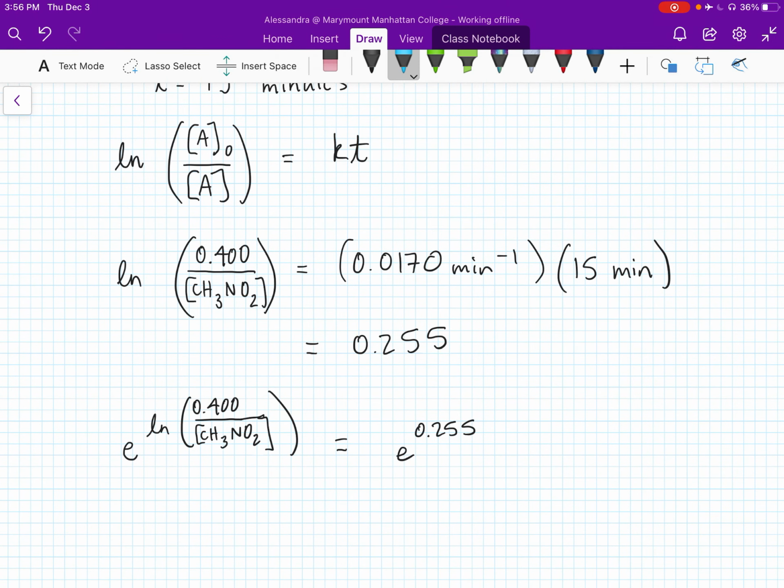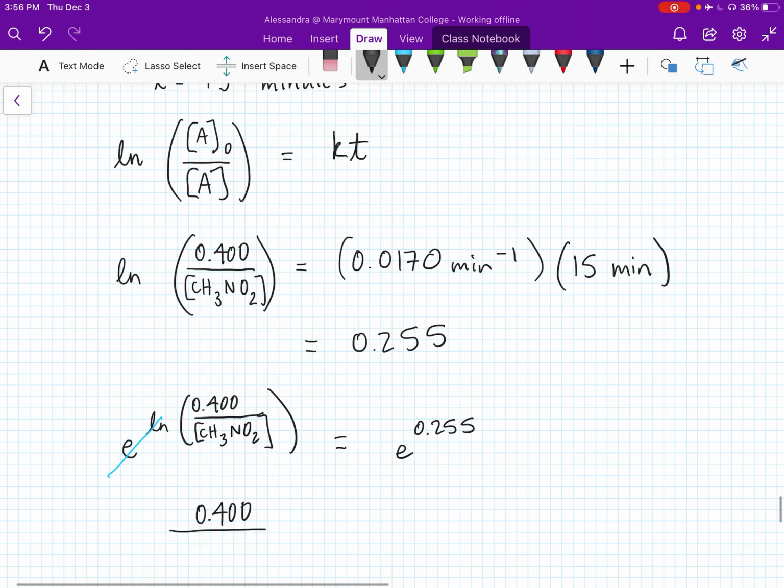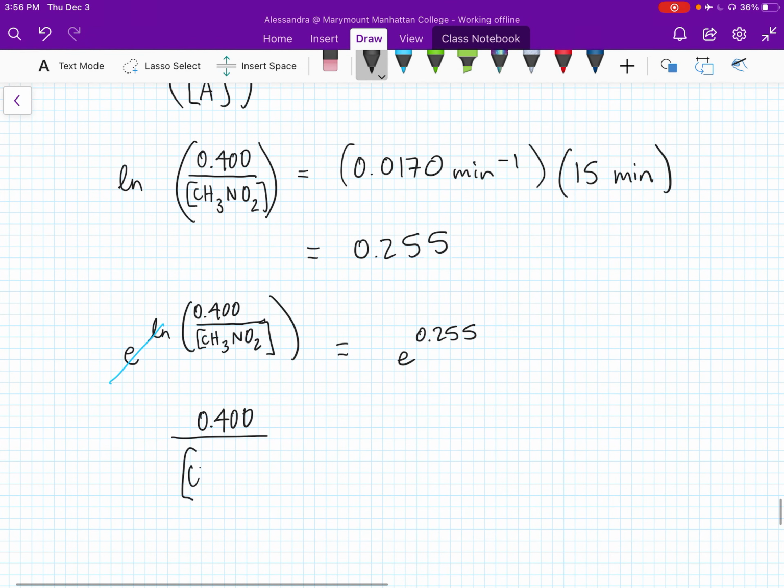Now, the e and the natural log cancel, so this simplifies to 0.400 over the concentration of the reactant CH3NO2. If I plug e to the 0.255 into the calculator, it spits out 1.29. So you should pause here and make sure that you can do that.